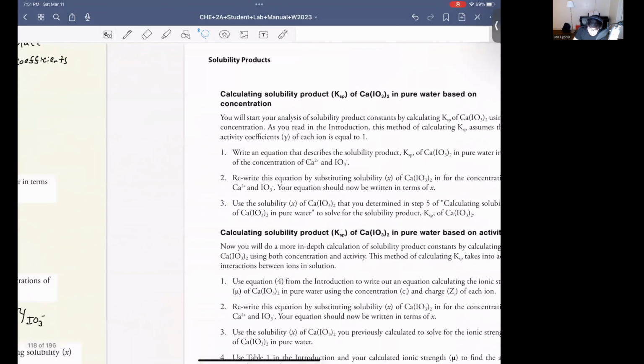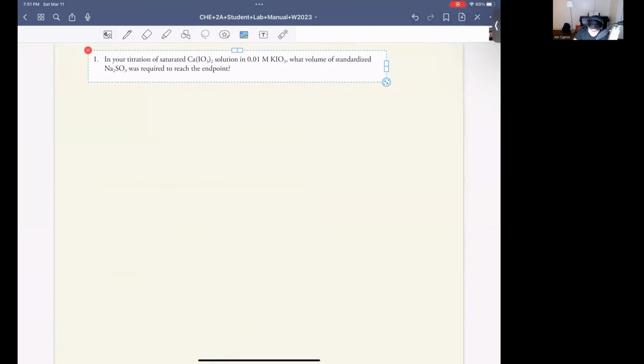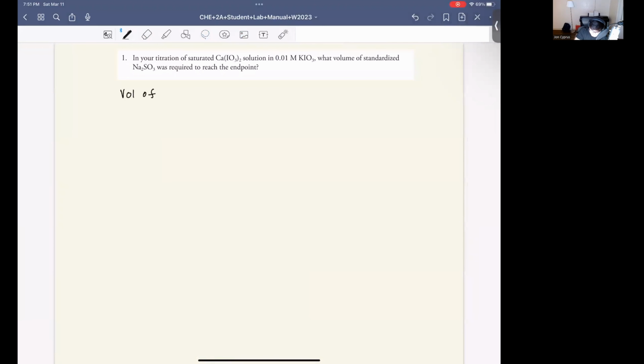So let me go to a new page here. This is just from your data. This is your volume of CaIO3 with potassium iodate.